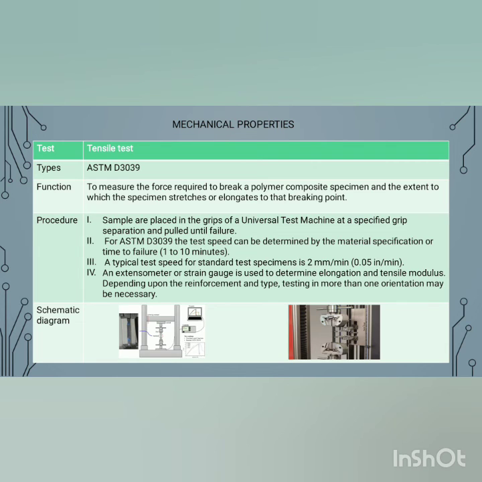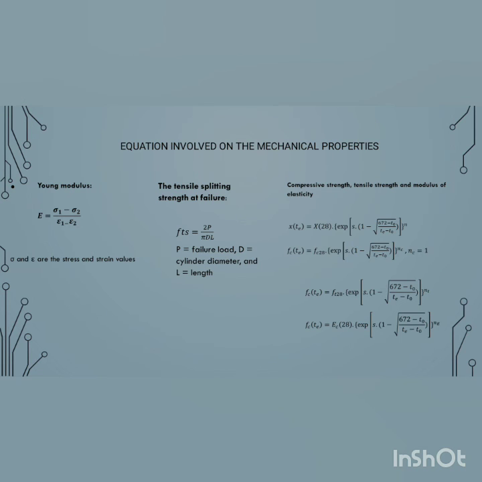Depending upon the reinforcement and type, testing in more than one orientation may be necessary. The schematic diagram and equations are involved in finding the mechanical properties of the sample: Young's modulus, tensile strength at failure, composite strength, tensile strength, and modulus of elasticity. The formula.